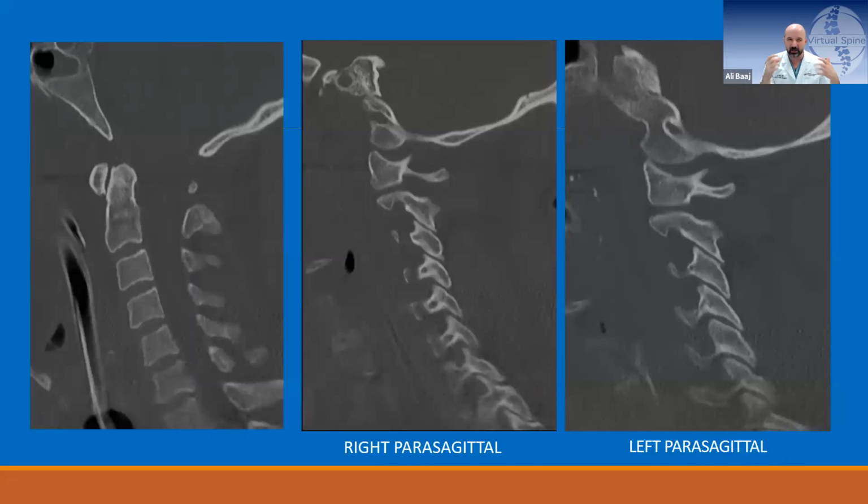In fact, it's rare to have true clinical instability at the OC junction. And if I had just seen that sagittal, if I didn't see the parasagittal, in a trauma patient, I would obviously measure the distance. I like that measurement, from the tip of the dens all the way up to the bottom of the clivus.